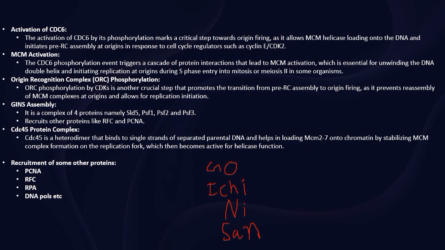This assembly is primarily responsible for recruiting proteins like RFC, PCNA, and also helps in the process of changing the MCM complexes from open seal to closed seal conformation. CDC45 complex is a heterodimer that binds to single strand of separated parental DNA.